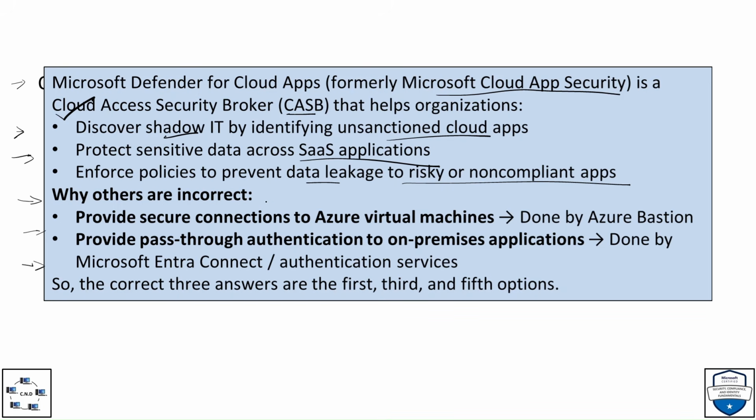So why are the other options incorrect? Providing secure connections to Azure virtual machines is done by Azure Bastion. Providing pass-through authentication to on-premises applications is done by Microsoft Entra Connect and authentication services. So the correct three answers are the first, third, and the fifth options.